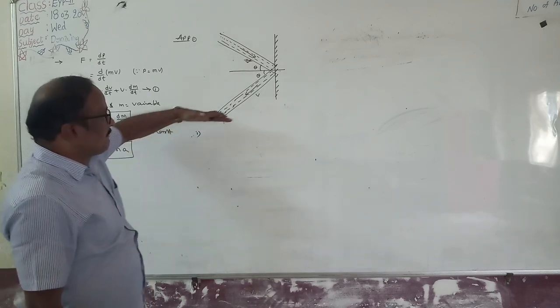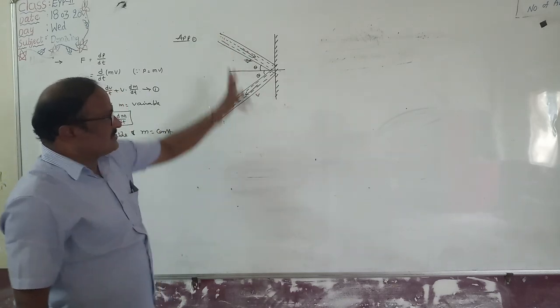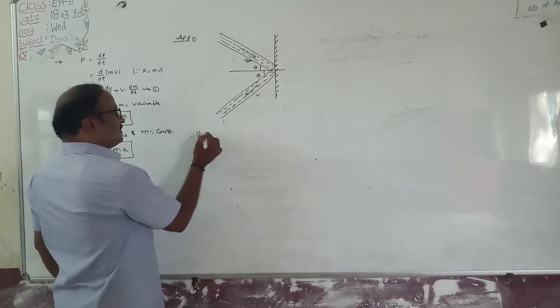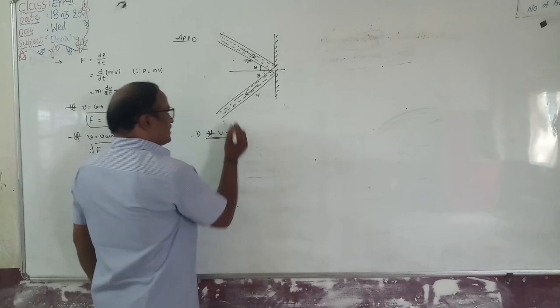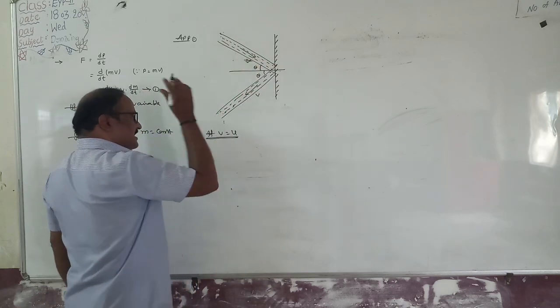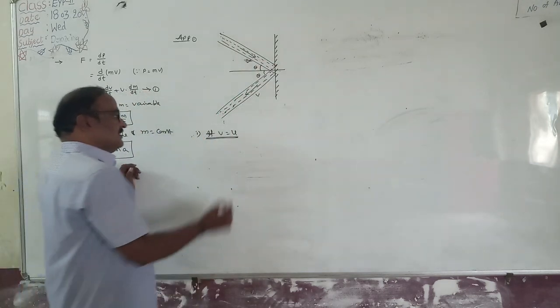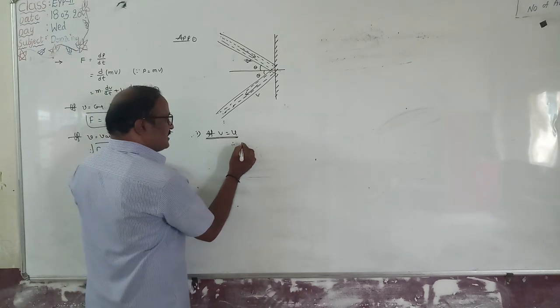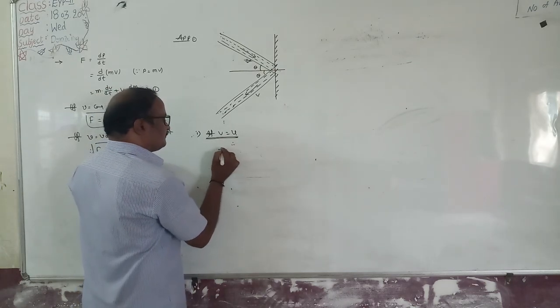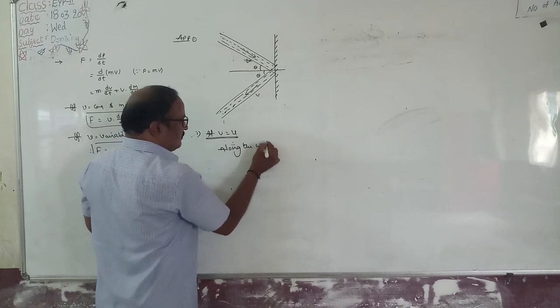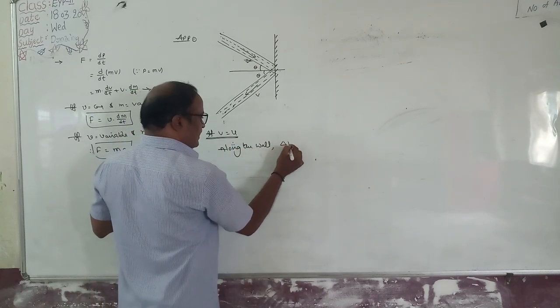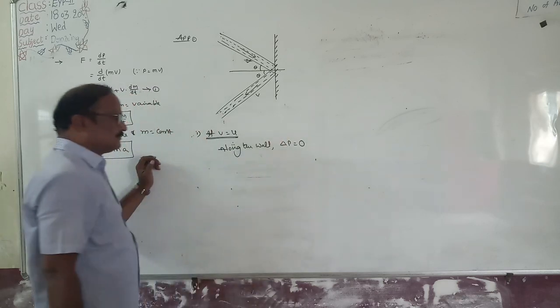Horizontal means perpendicular to the wall, vertical means along the wall. So, if v is equal to u, the jet of water strikes with the same velocity as the reflected water, so there is no change in velocity along the wall. Along the wall, the change in momentum is 0.